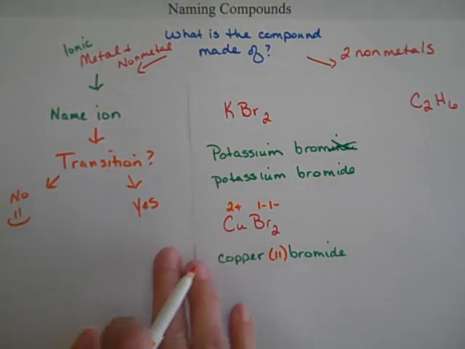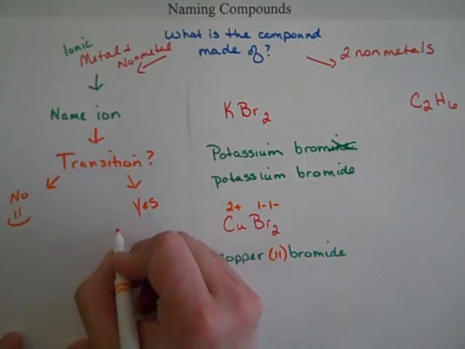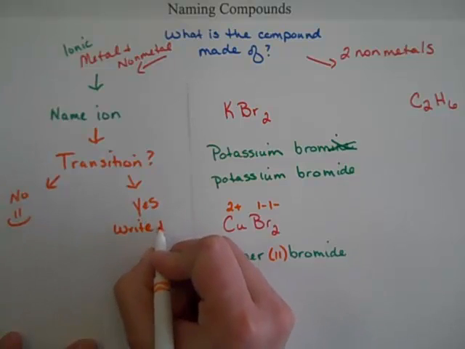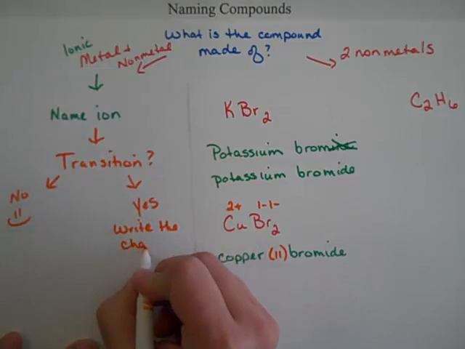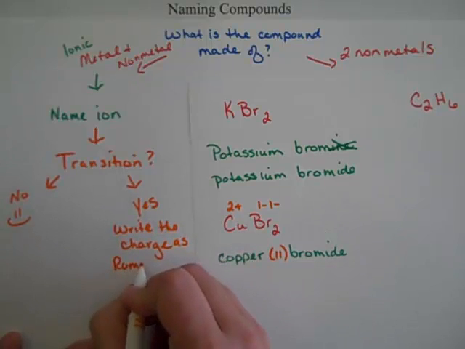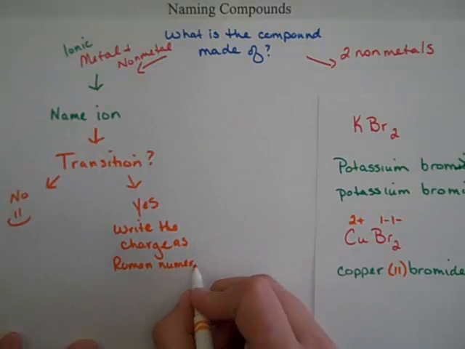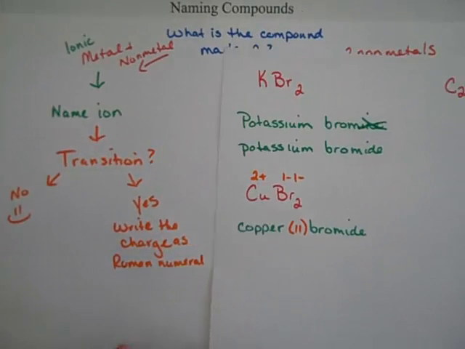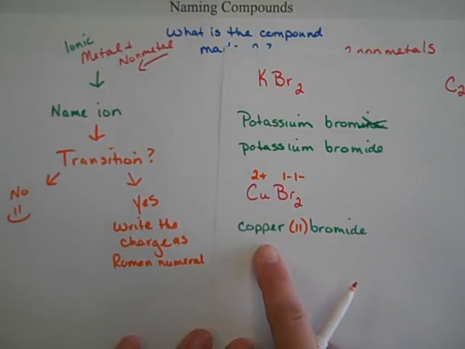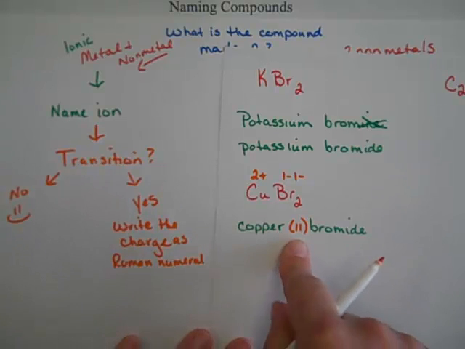If the answer is yes, we have to write the charge as a Roman numeral. So if this is a transition element, potassium is not, but copper is. If it's a transition element, we have to go back and add in that Roman numeral.